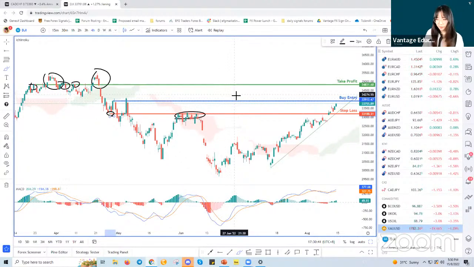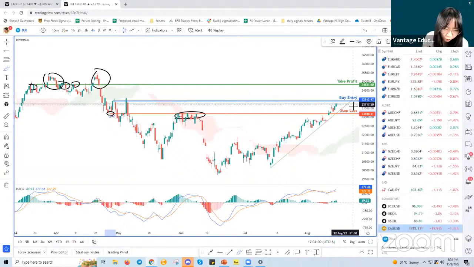So sometimes we need to balance the risk reward ratio. If you put your stop loss too close to your buy entry, you don't give yourself enough opportunity to wait for the market. If your stop loss is very close to your buy entry, maybe in a relatively short time the price will go down to here, and because you set your stop loss here, you already quit.